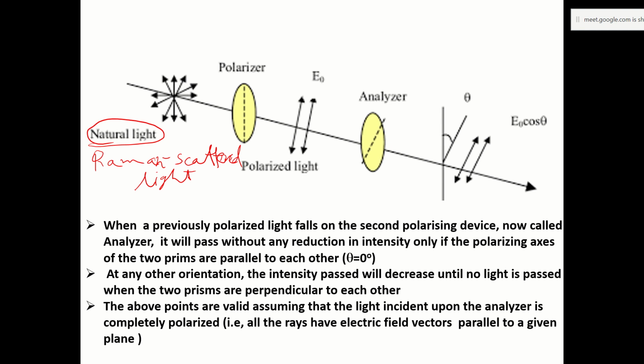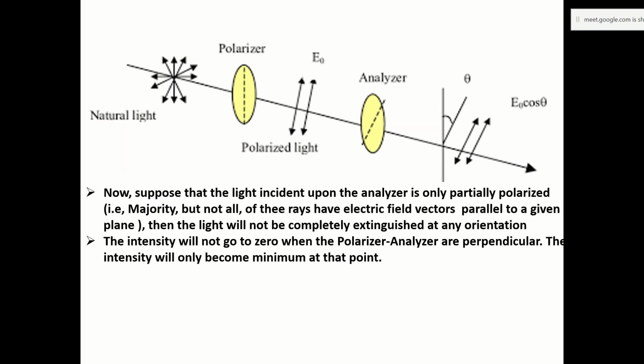So this is the very basic thing. And we say that in the polarizer-analyzer perpendicular condition, if some light is passing, then there is some polarization. Sometimes it can also happen that the light may not be completely polarized, it is partially polarized. That means most of the vibrations are in a particular plane, but some of them are also random.